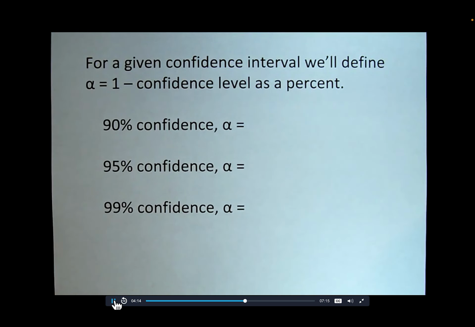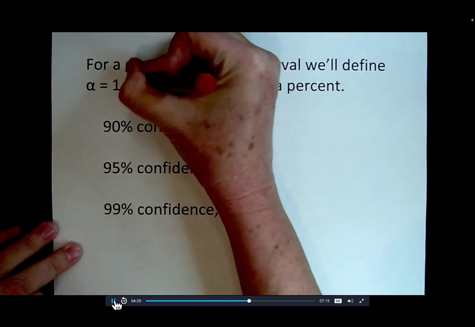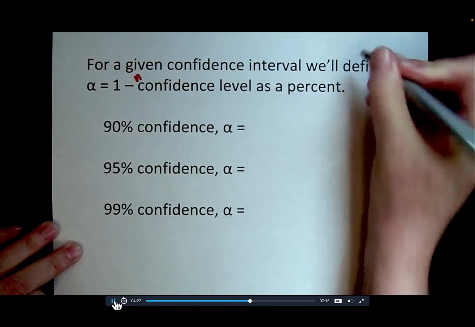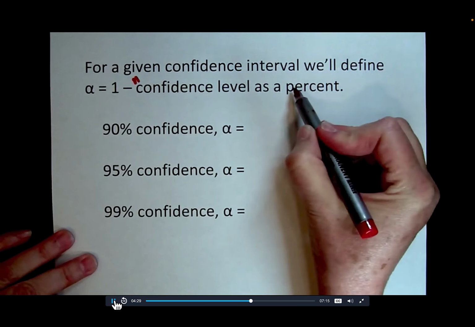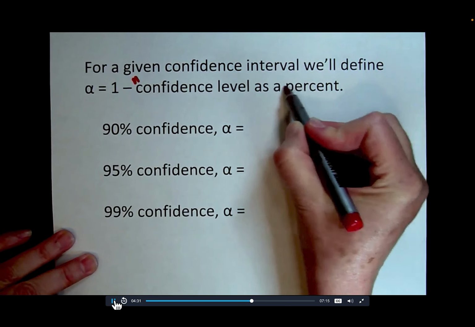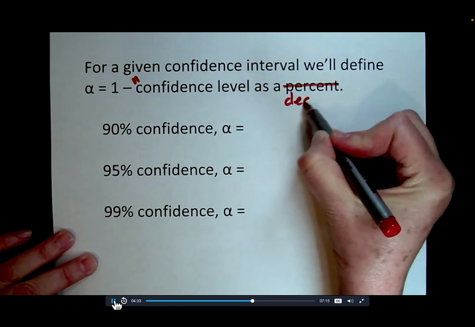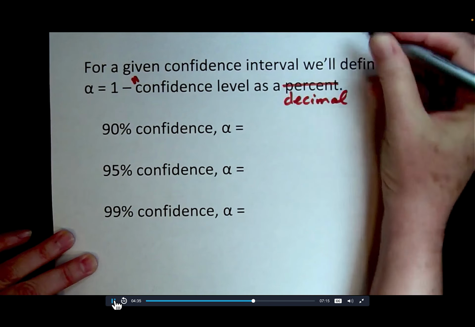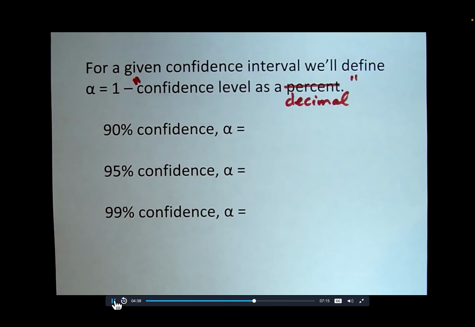In this context with the confidence interval, we're going to define alpha as the number 1 minus the confidence level as a decimal.